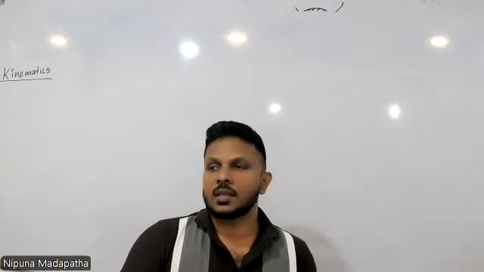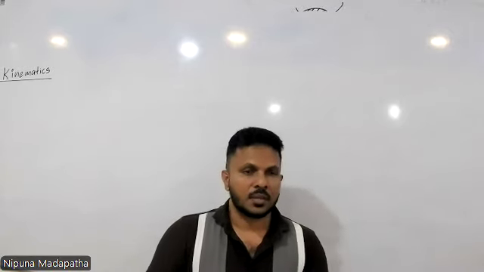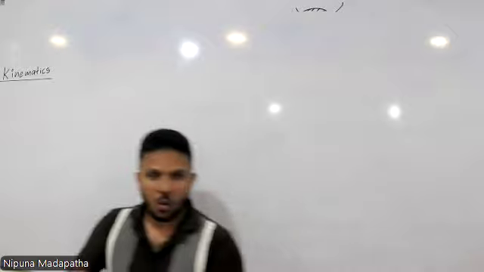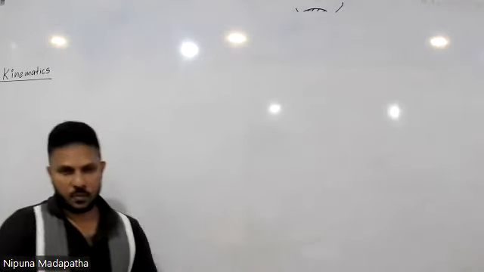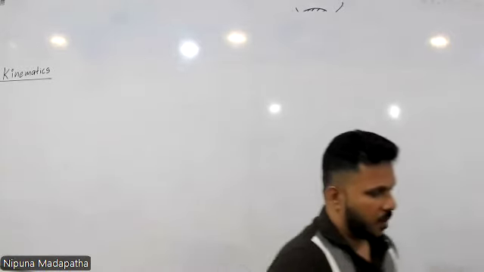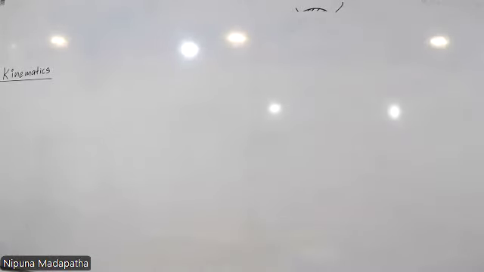In that case, the body does not move as a whole. But in translation motion, the body moves as a whole thing. So this is translation motion. This one is a kind of rotational motion.